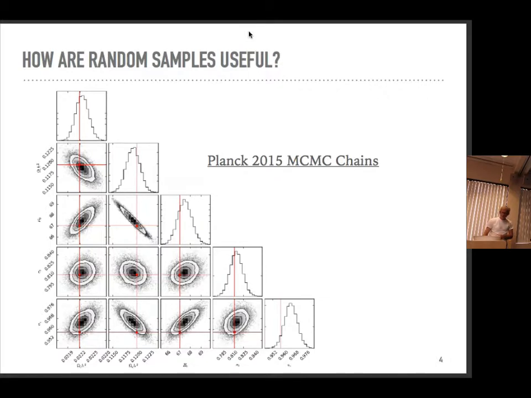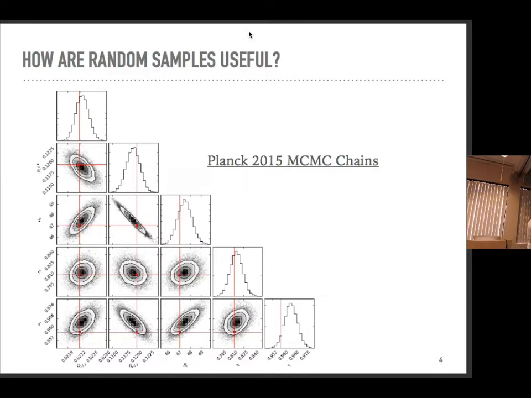Okay, so once you've got the samples, if you put aside for a moment the question of how we actually implement that generate function, this is really powerful. For example, if you click on that link, you can download chains from Planck. The posterior distribution being sampled is basically the full cosmological parameter space.